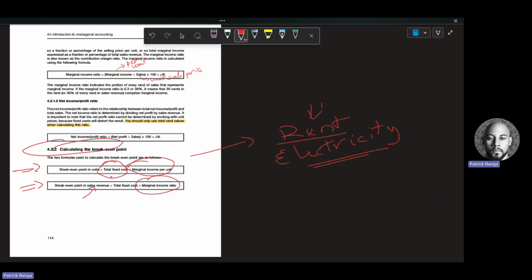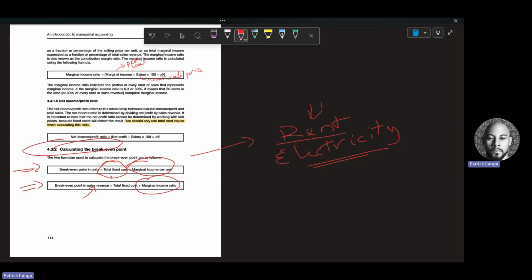You would ask me the question, why are we using the total fixed cost? Why not perhaps the total variable cost? Because things like rent and electricity, which are your fixed costs, and perhaps there's more than that, perhaps your insurance and all that.